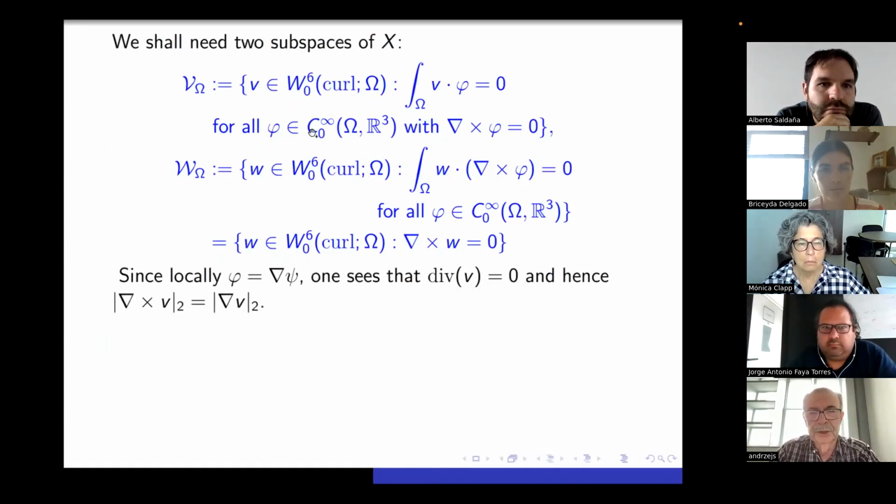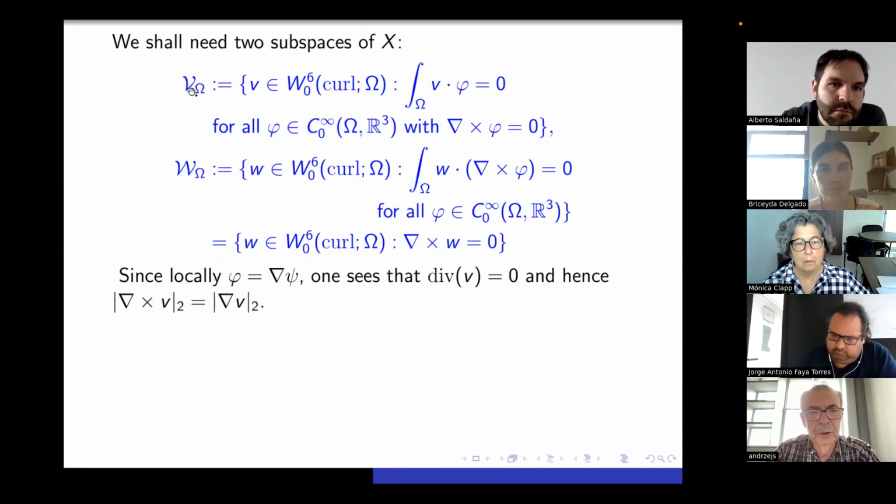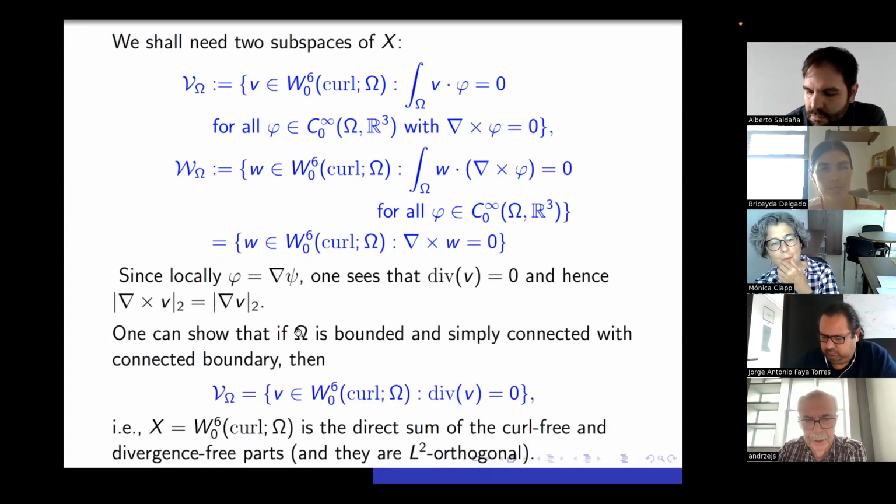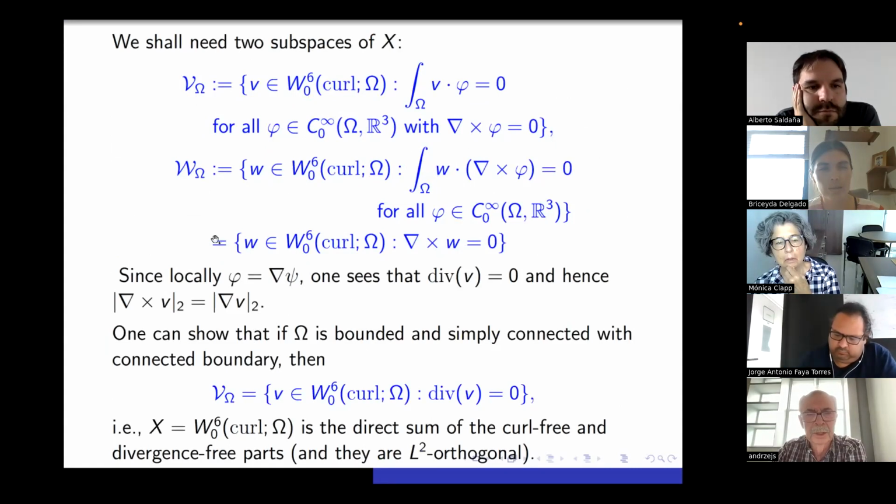Here X would be V omega plus W omega, but on domains which don't satisfy this condition of simple connectivity and connected boundary, you still have this, but a part of W omega will also be divergence free.